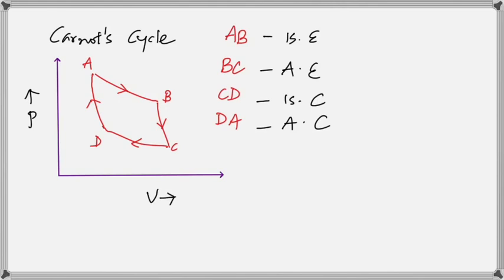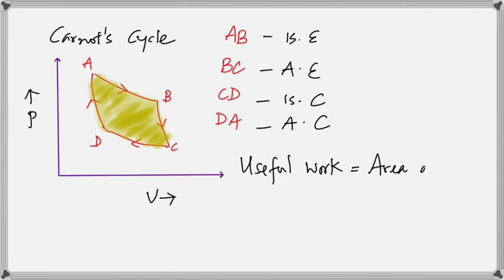So that's Carnot cycle. And the useful work done is given by the area of Carnot cycle. That's the work done, which we could also calculate as QH minus QC, remember? So you can get the work either by taking the difference between QH and QC, or you can find the same work by finding the area of the pressure volume diagram.